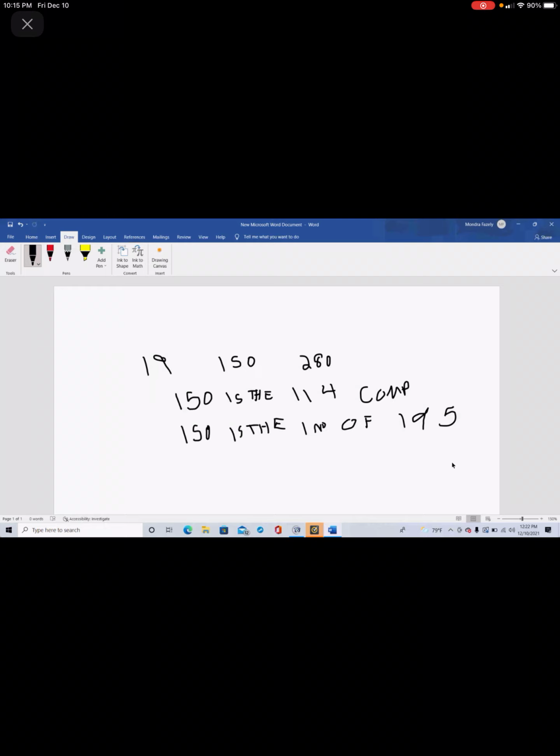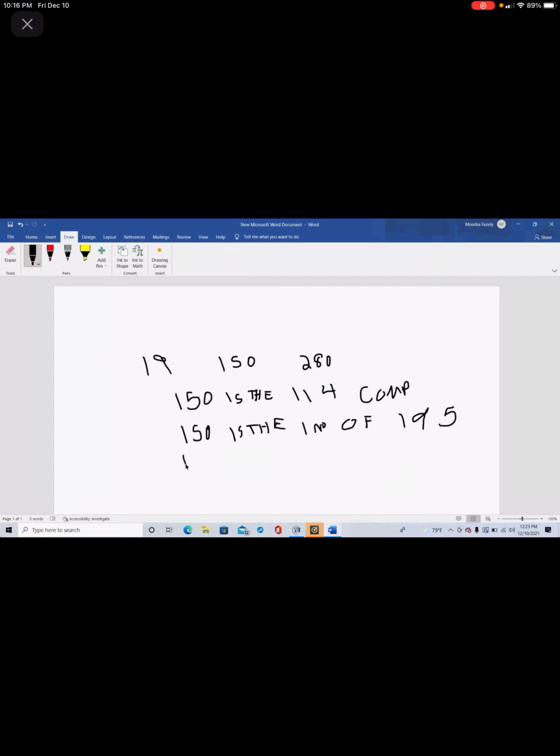So guess what 195 is? 195 is actually the numerical value of Kaf, Ha, Ya, Ain, Sad in chapter 19. Okay? 195 is the numerical value of Kaf, Ha, Ya, Ain, Sad in chapter 19.